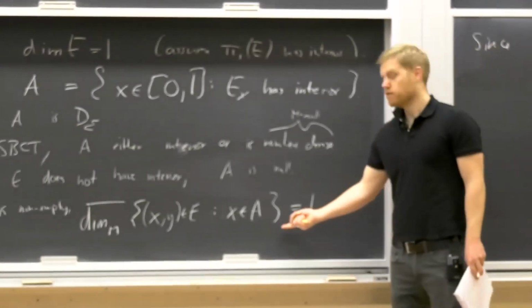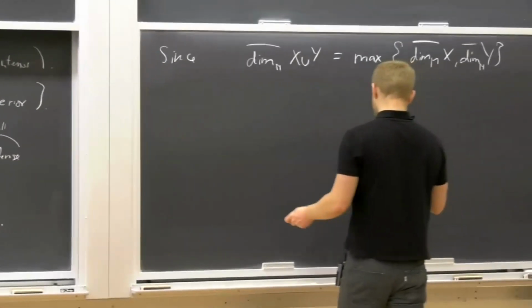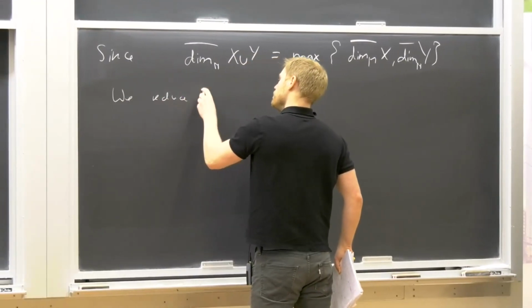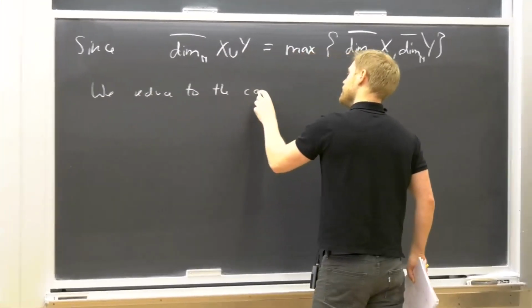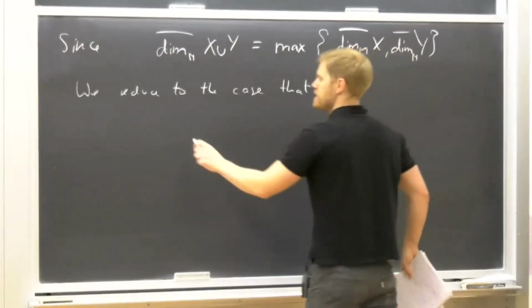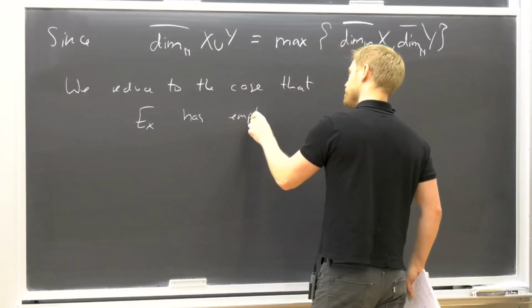We can essentially throw this set out. So where do you pick up interior? One has to be a little bit careful. So then what I say is we reduce to the case that E_x has empty interior.